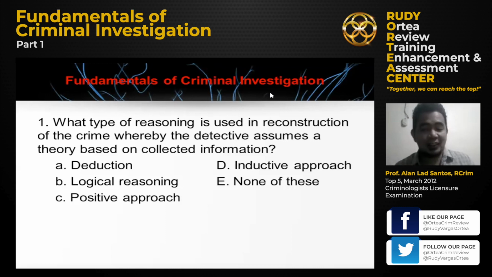So guys, I want you to answer every question that I will give, para maging interactive ang ating discussion. You will type your answer, and then I will give you the explanation and the correct answer, of course.